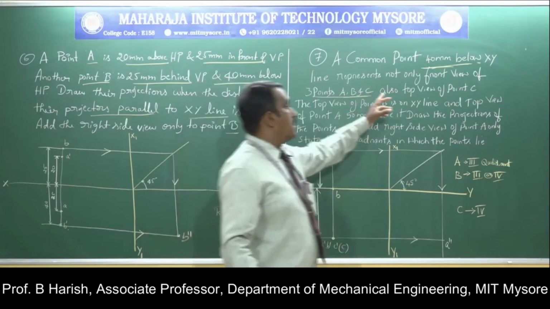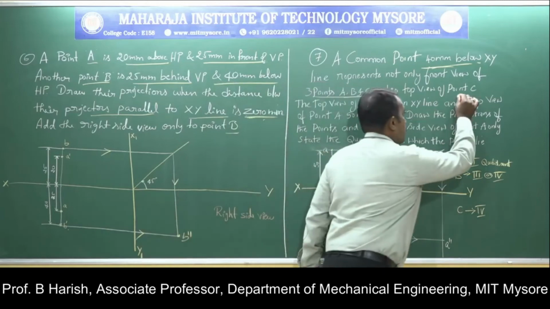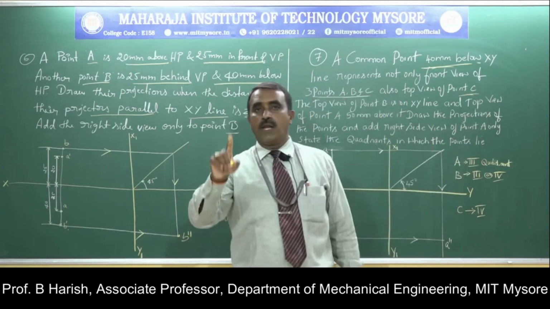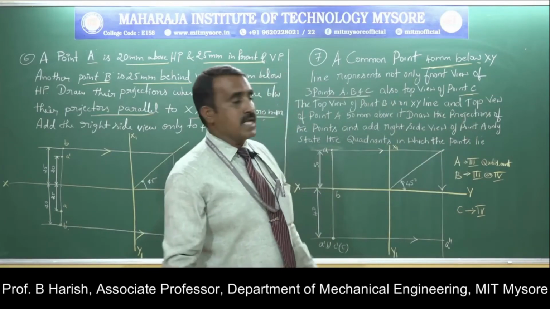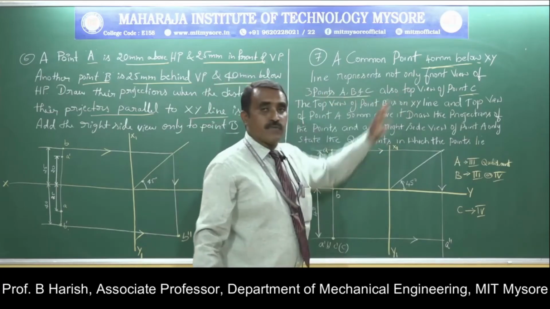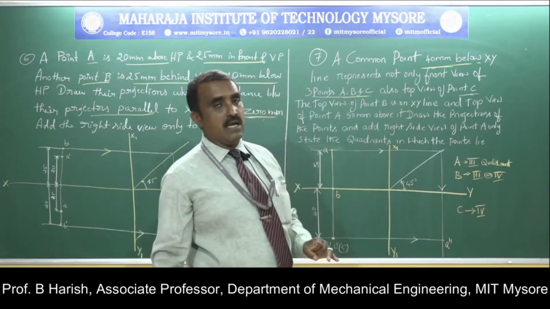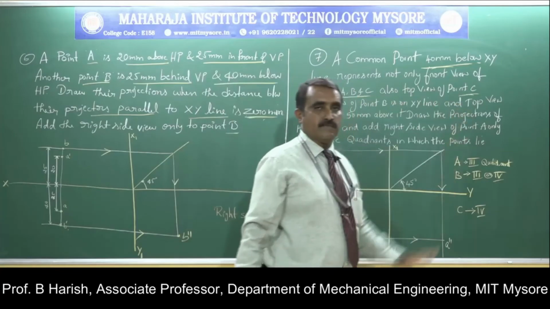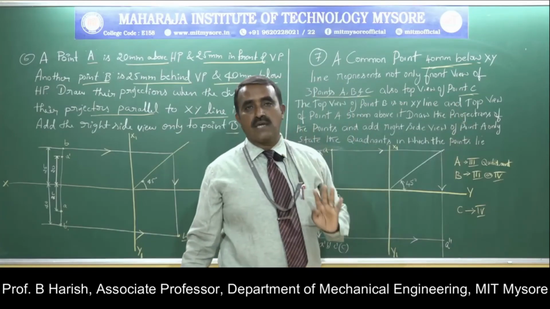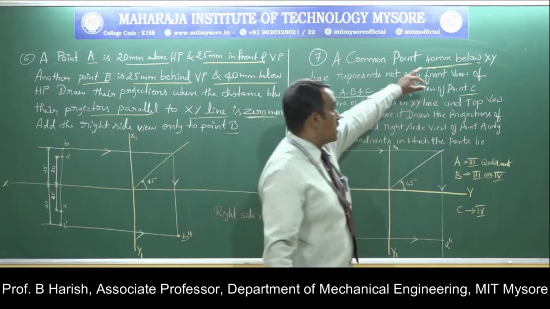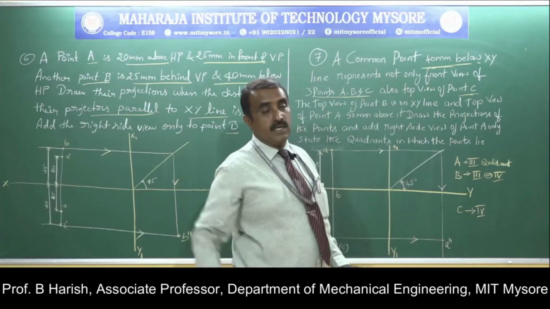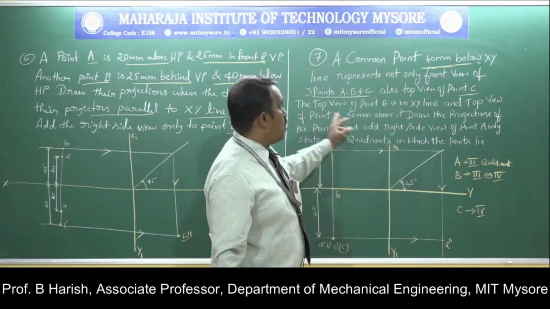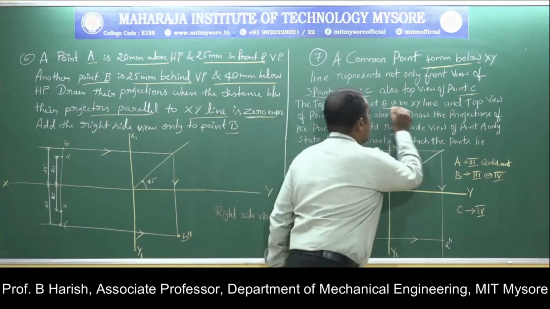Also it tells that the top view of point C is at the same point, so one projection point represents four views: the front view of the three points A, B and C, and also the top view of point C. Means four projections are fixed directly just by measuring 40 mm below the xy line. Then he says that the top view of point B is on the xy line.